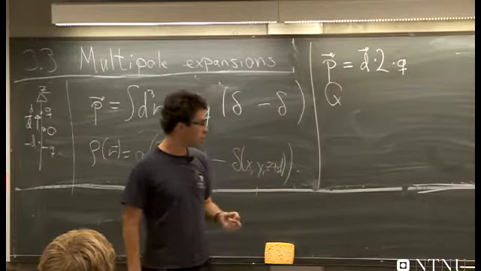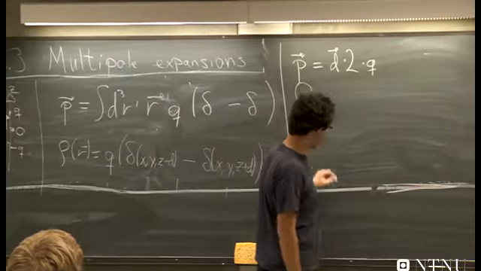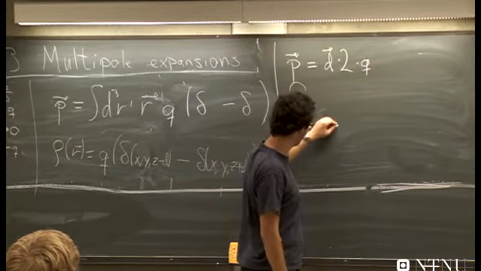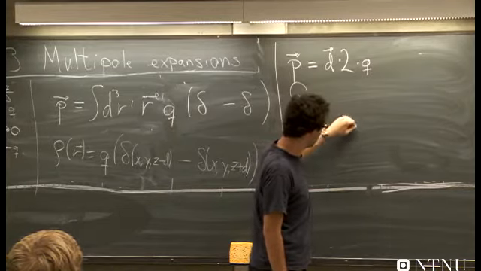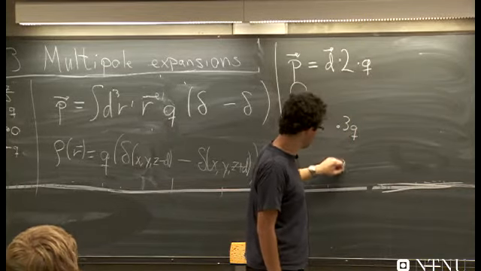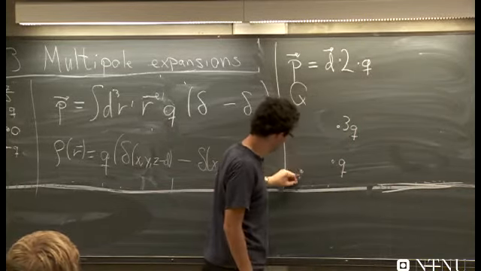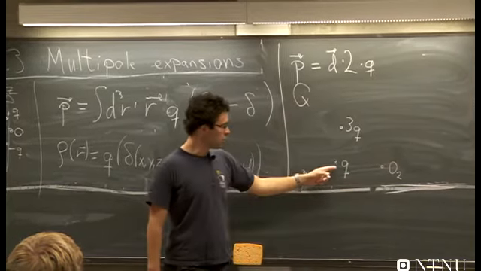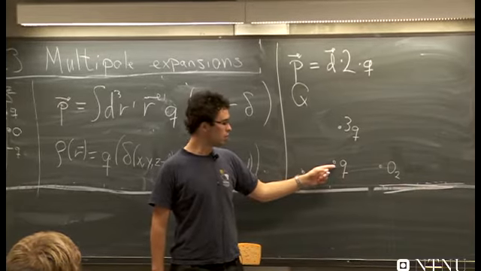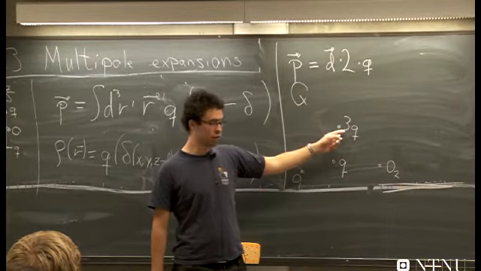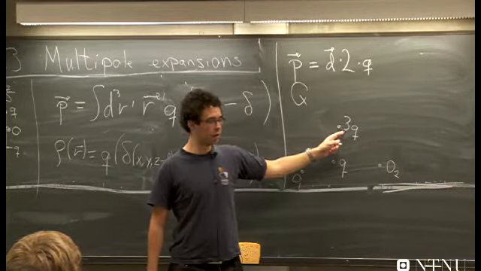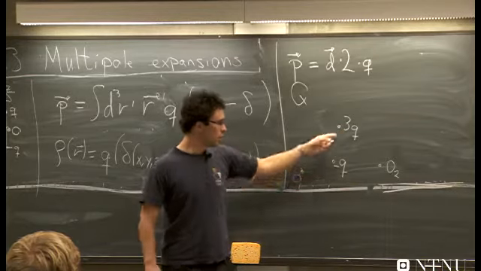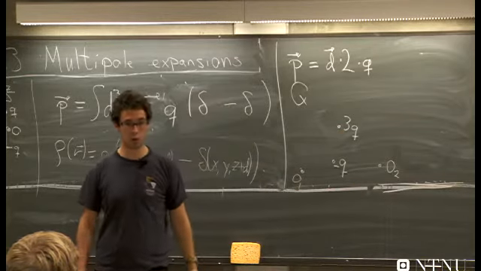So if you want to check this for yourself, you can consider the following example. So let's say I put a point charge with the charge value of q here and 3q there. So now let's see, maybe minus q. So now the net charge is 2q.